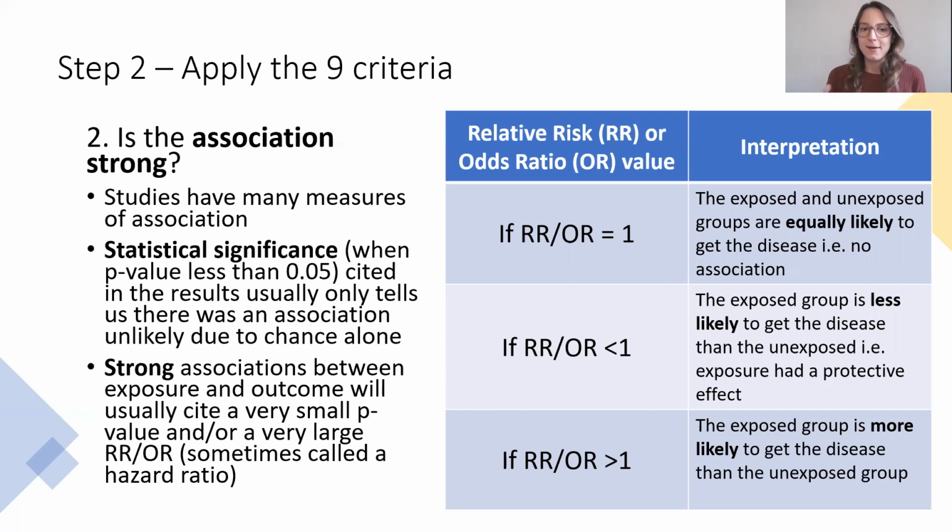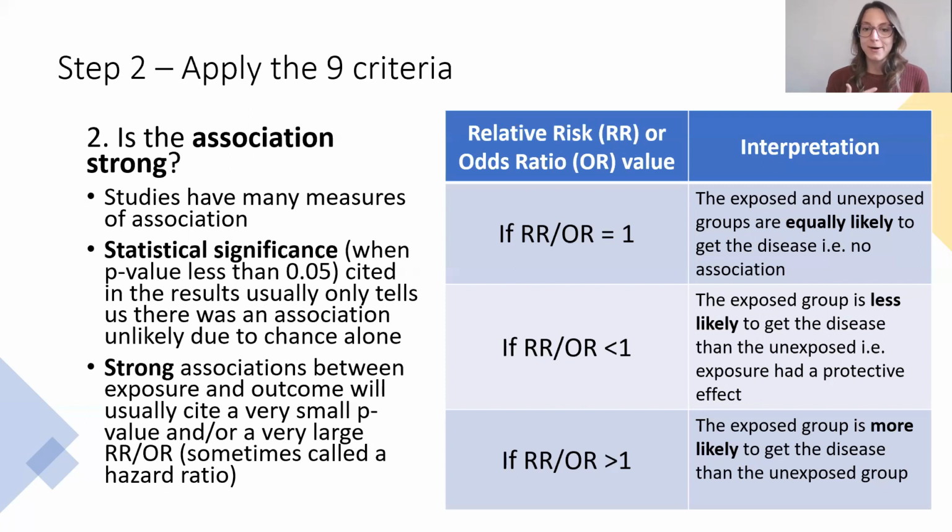And what it means is that they're confident in that value. They're confident that that particular result wasn't due to some sort of chance factor. It's because of the relationship that they actually have that they're summarizing. Now, strong associations between exposure and outcome will usually cite a very small p-value.